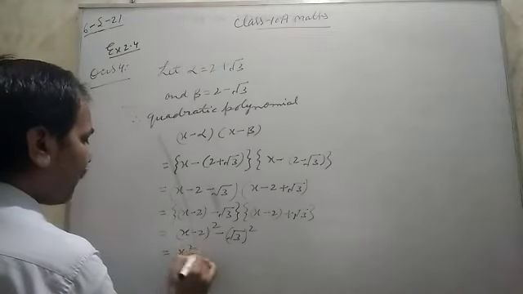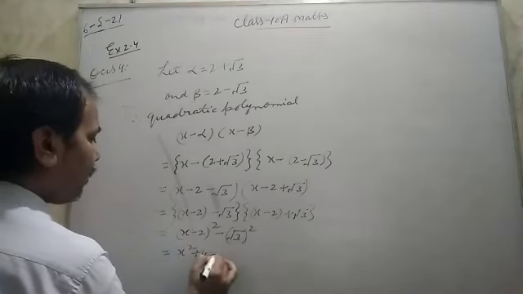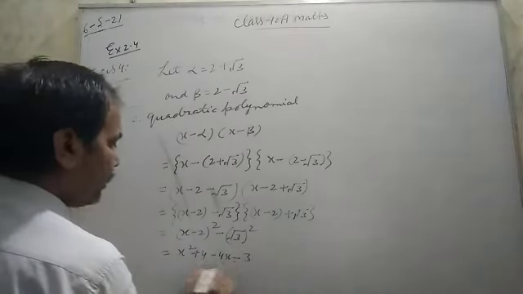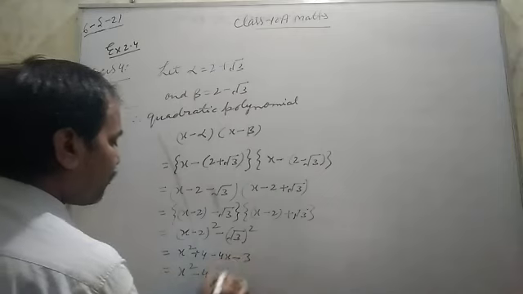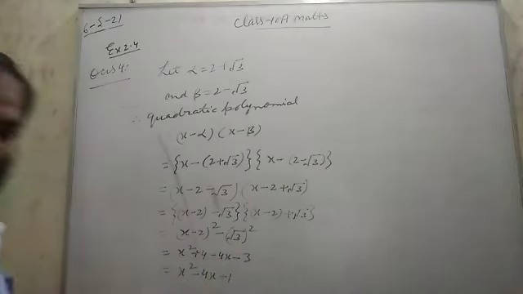Then apply the (a minus b) whole square formula: a square plus b square minus 2ab, so x square minus 4x plus 4 minus 3, which is plus 1. By this you divide.